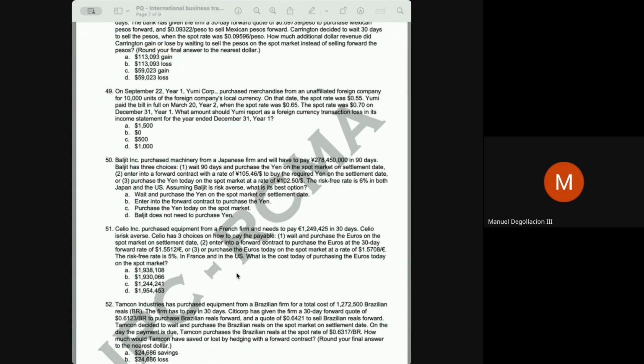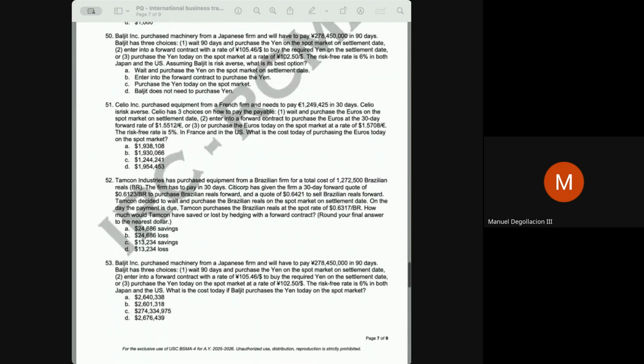Number 50, what is its best option? I'll just give you the answer for number 50. Answer here is letter B, enter into the forward contract to purchase the yen. Number 51, Celio.